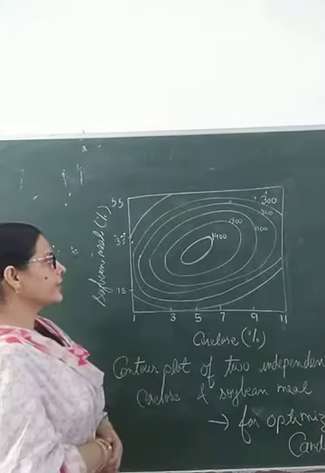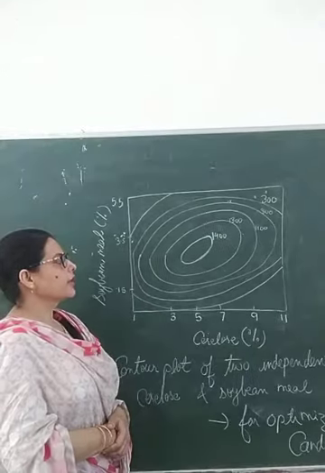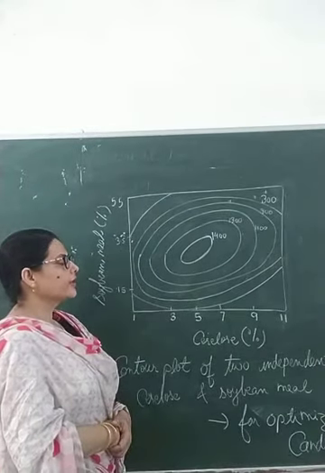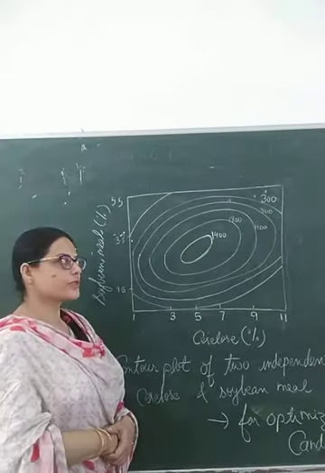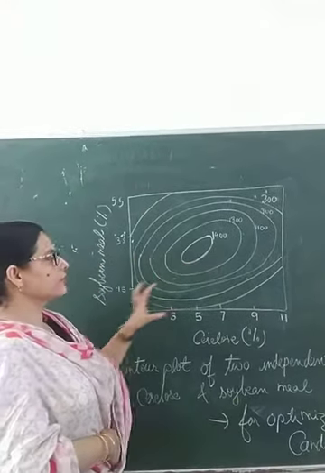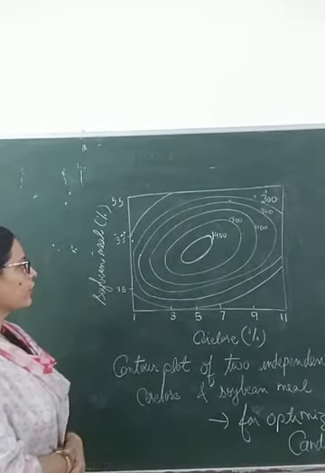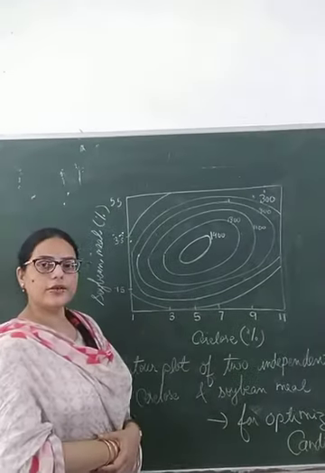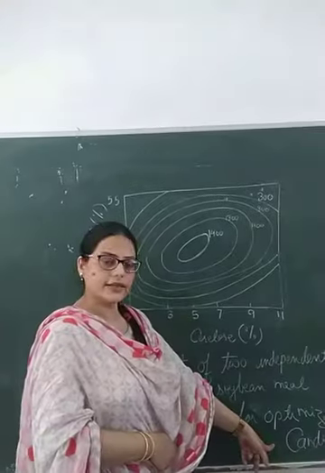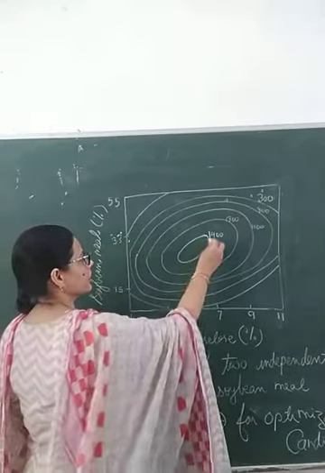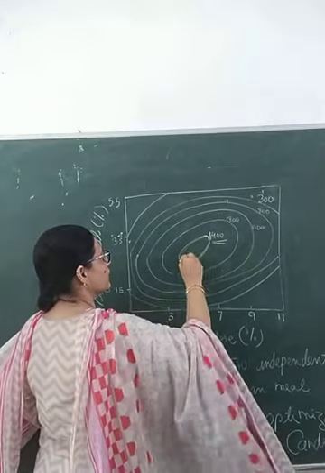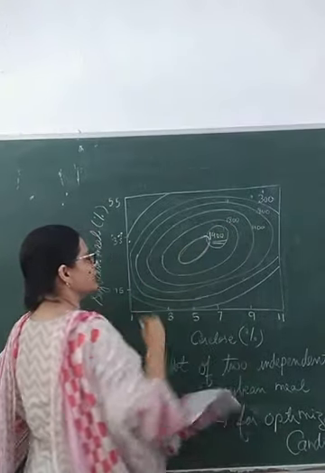Then, like we did in the contour plots, they made the curve joining the points giving the same response. So such a curve was obtained. Now from this curve we can see that the maximum yield of the candidate was obtained in this area, 1400.